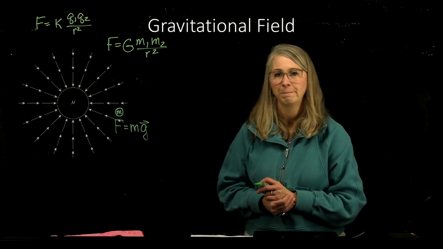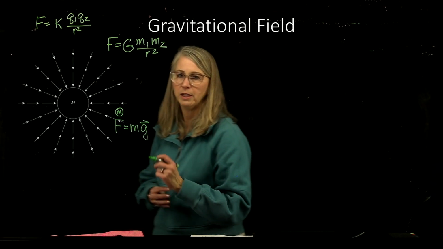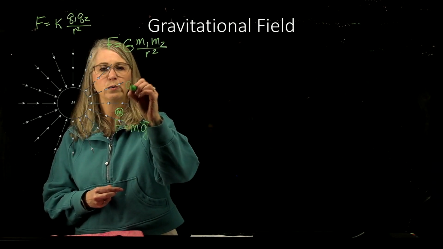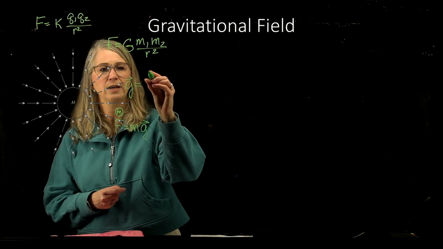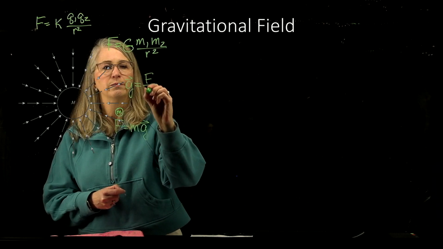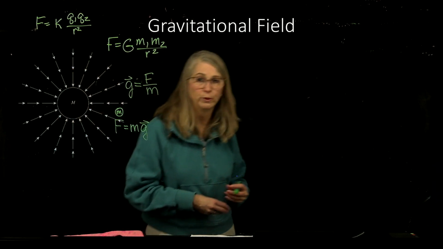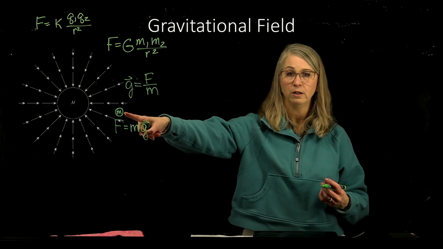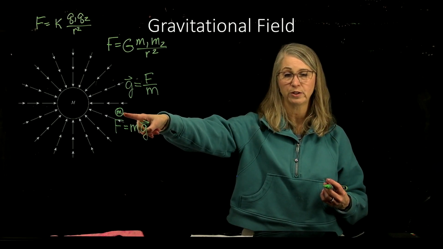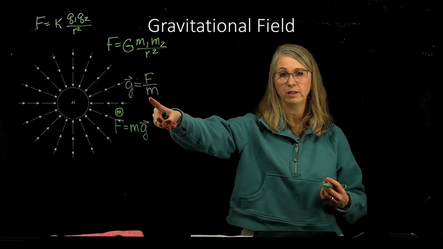Look familiar? Or maybe another way to think about it is we might have been told that the gravitational field surrounding this mass could be found if we calculated the force that was exerted on a small mass that entered into its gravitational field, but then we divided by the mass.